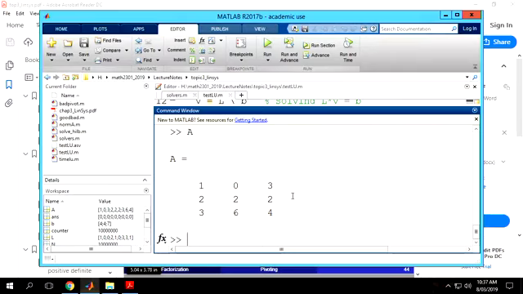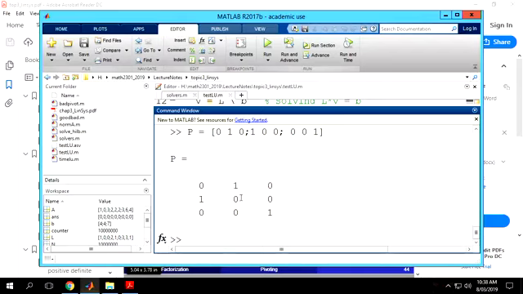And now I'm going to define a permutation matrix like this. 0, 1, 0 like this, and then 1, 0, 0, and then 0, 0, 1. So look at this matrix. If you take the identity matrix and you swap the first and the second row, then you have this matrix, okay?